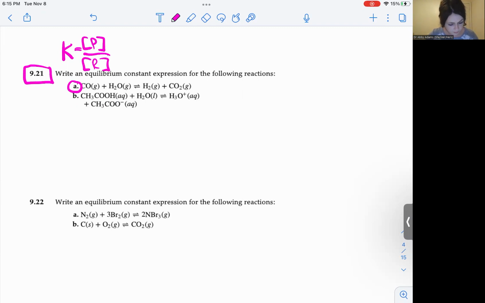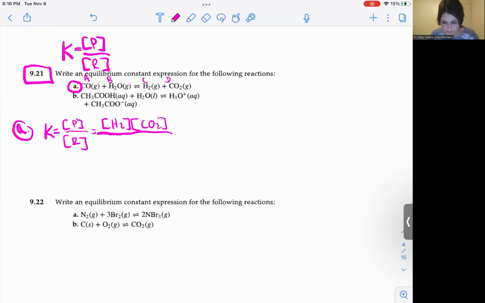Based on what we were looking at earlier, with A and B and C and D, if you're writing it on your test, I would write out my equation like this: K equals the concentration of C times D over, and these are all gases, so we're going to write out all of this, CO and H2O. Okay, there you go.